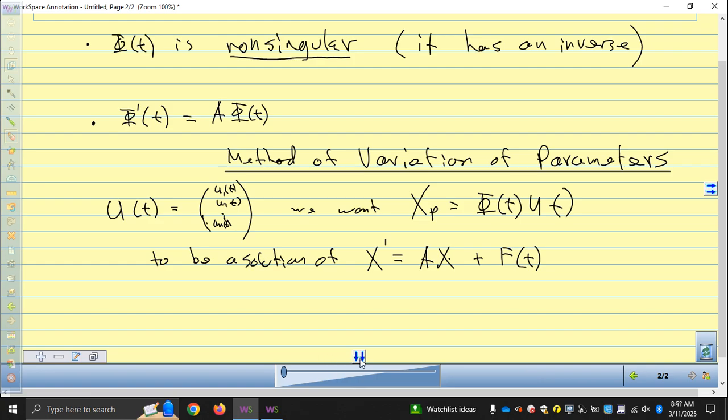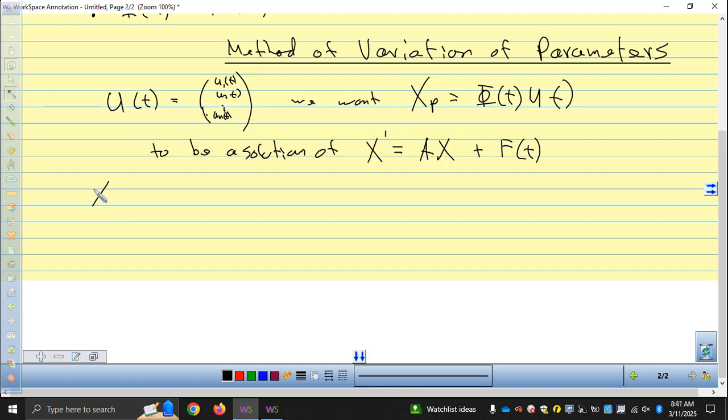Well, if we take the derivative of this thing, x prime of p, using the product rule, and remember we're dealing with matrix quantities here, so the order of the multiplication is important. We need to keep the order phi of t and u of t the same. So this is going to be phi of t u prime of t plus phi prime of t times u of t.